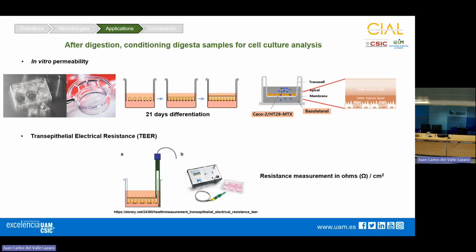We introduce the electrode in our well, and it gives us a value, right? If we put it on day 0, the value would be 0, right? But after 21 days, you will reach around 1,000 ohms per centimeter square.